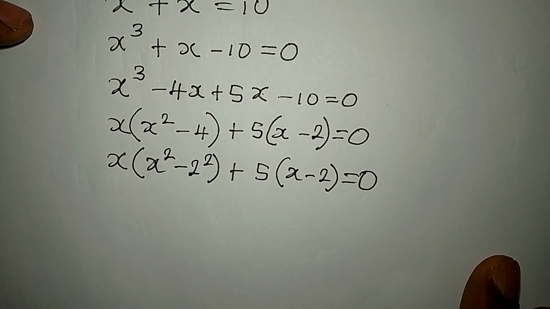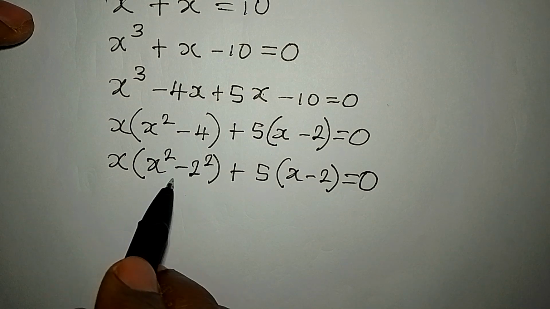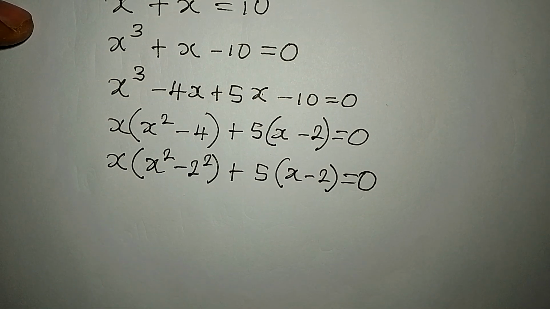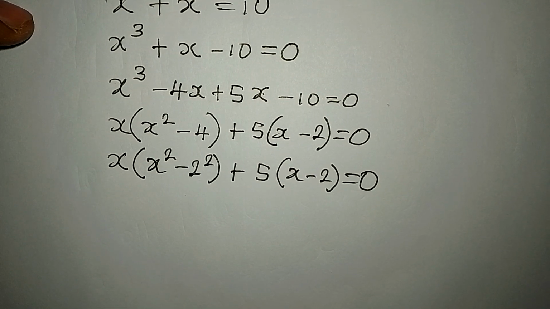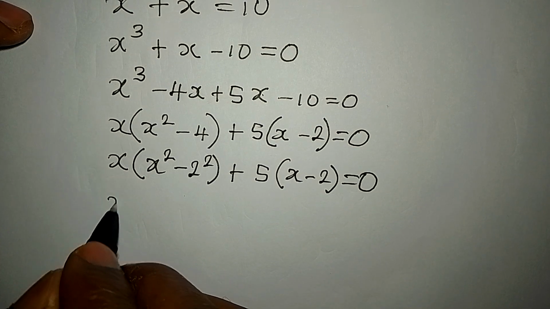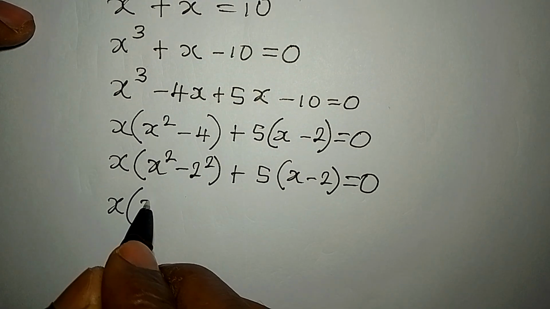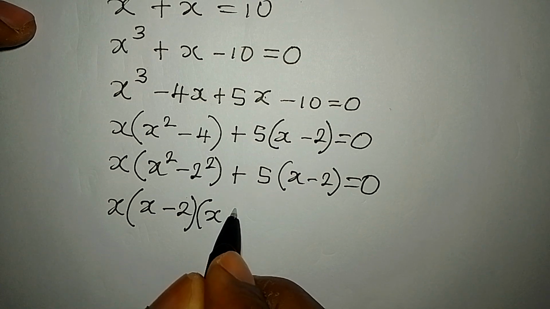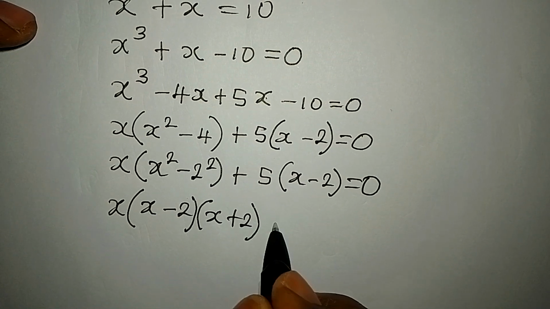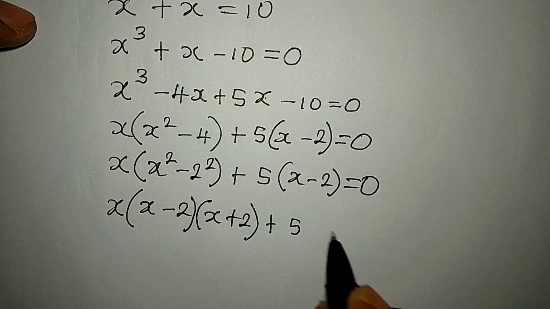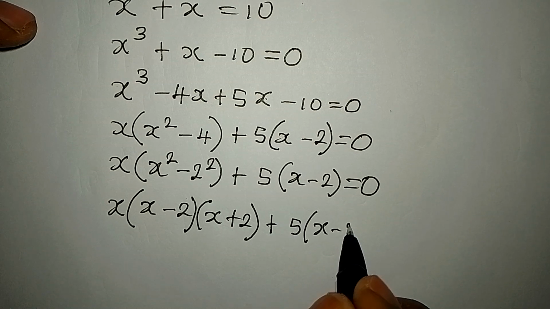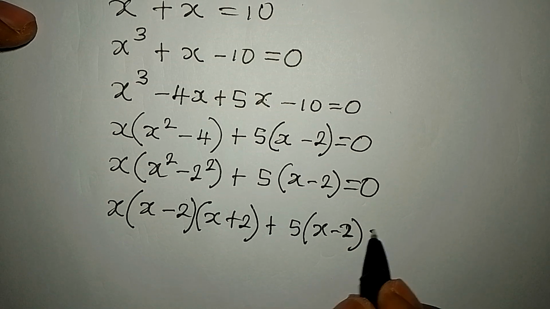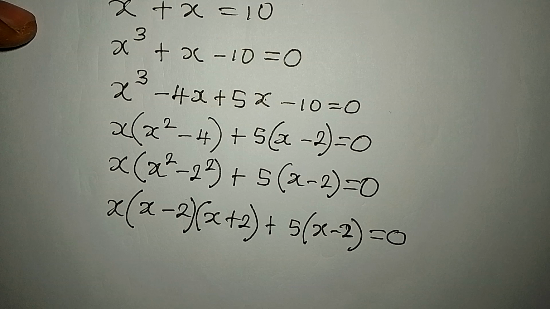From here, we can now express the term in the bracket as a difference of two squares. And there we'll have x into bracket x minus 2 into x plus 2. Then we have plus 5 into x minus 2, and this is equal to 0.